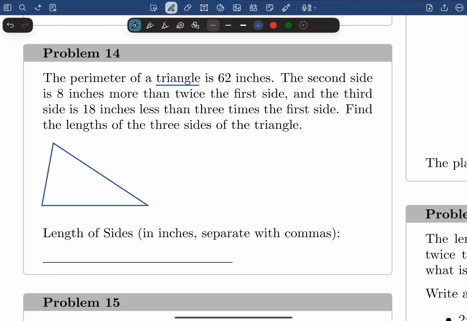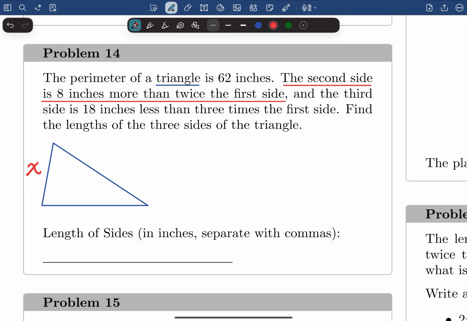Now, let's start thinking about the side lengths. There's some key details, like the second side is 8 inches more than twice the first side. So I'll call the first side x. You can choose whatever variable you want, or choose x with me if you like.